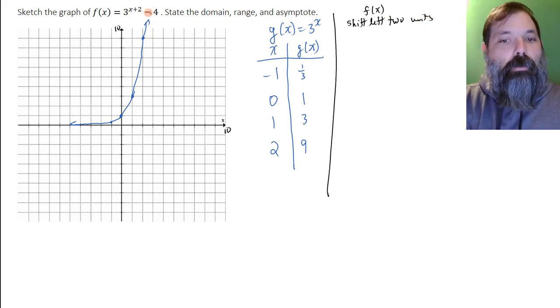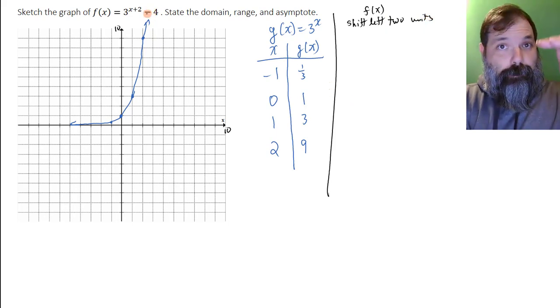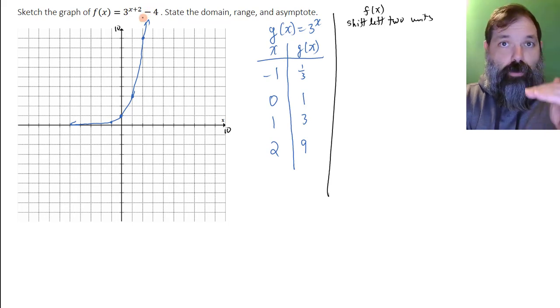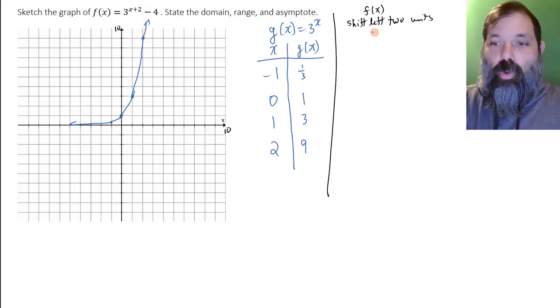And then we have the -4. That is a vertical shift, or a vertical translation down 4. So let's shift down 4 units.